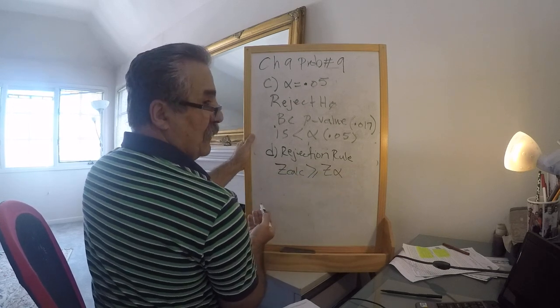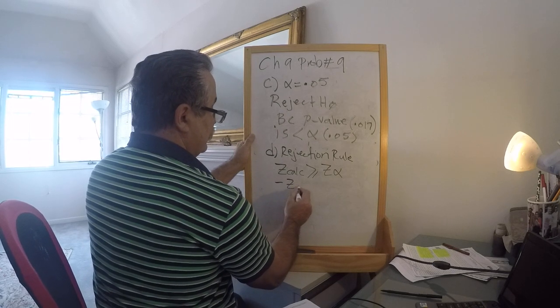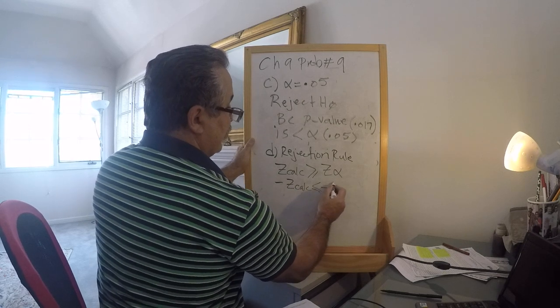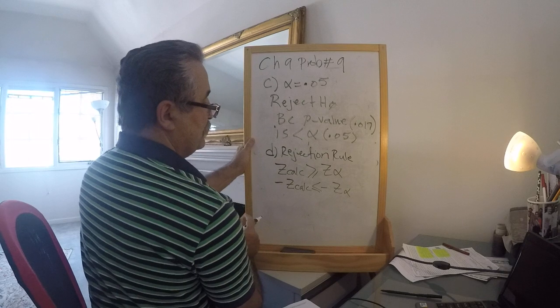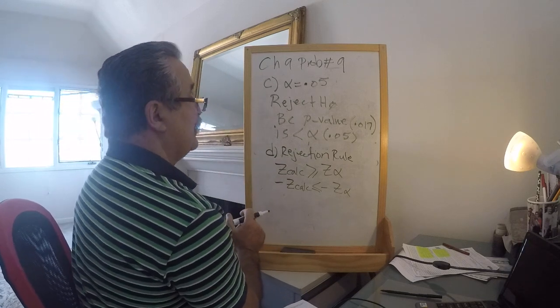This is for positive values. Negative z-calc less than or equal to negative z of the alpha. Okay? Now we have to go ahead and find what the z of the alpha is.